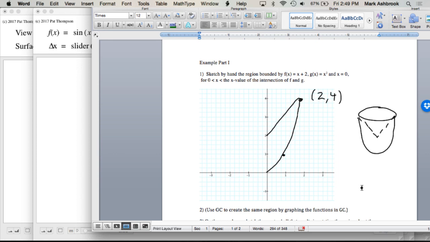So your empty shell will look something like this. And where's the empty shell? Is it in this top part here, or is it down in this bottom part here? The place we're going to fill up. Are we going to fill up this cone up on top, or are we going to fill up this kind of jug down here? Yeah, this is our empty shell down here. That's what you get for this region rotated.